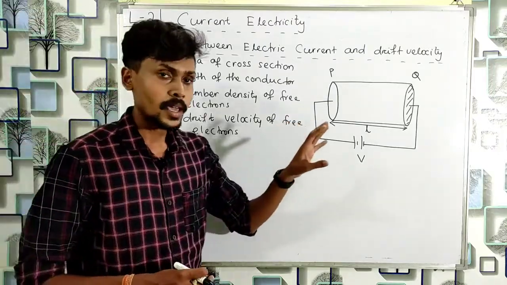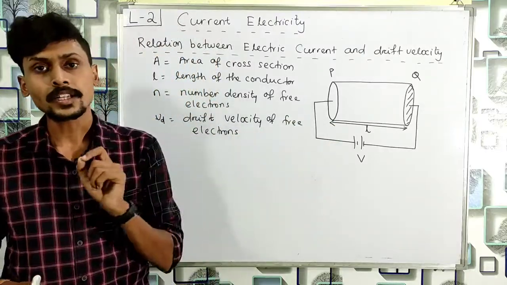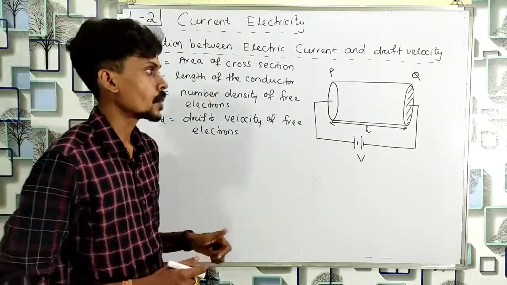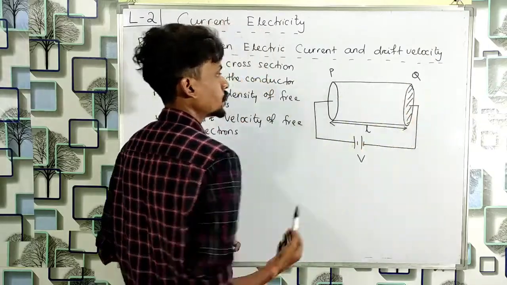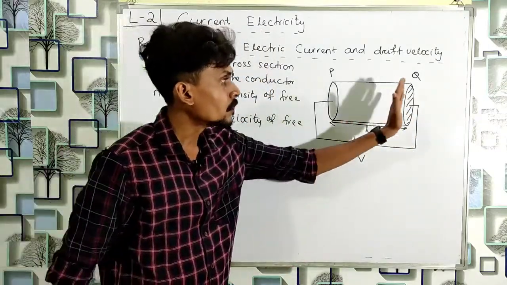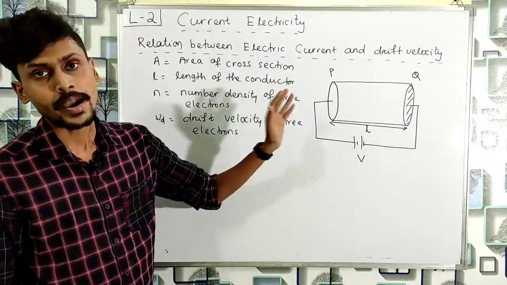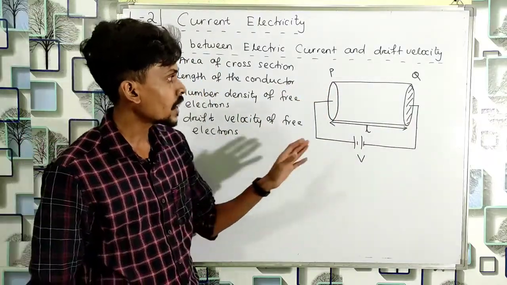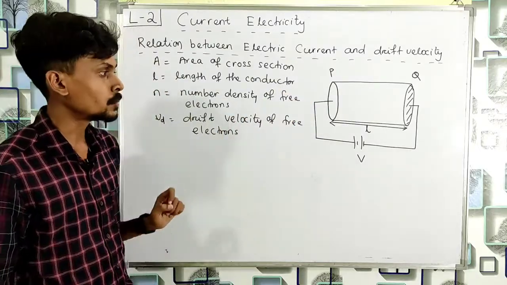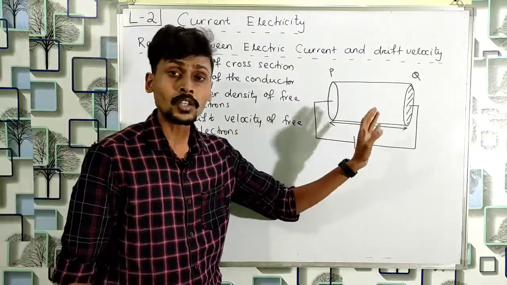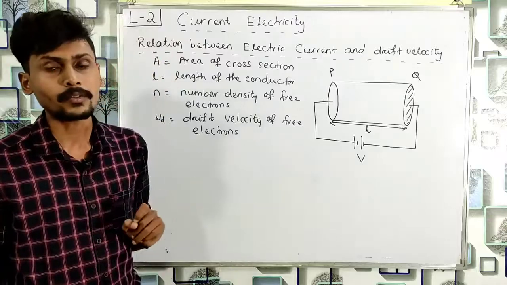So when the key is closed at time t equal to 0, the free electrons situated at this cross section will start drifting towards the higher potential. Because you can see that this cross section P is connected to the positive terminal, and the cross section Q is connected to the negative terminal.